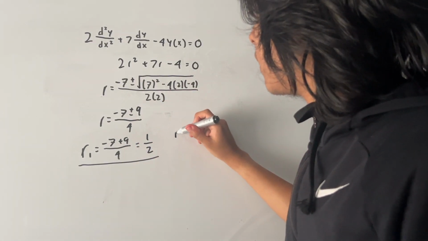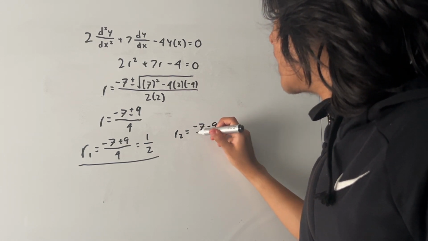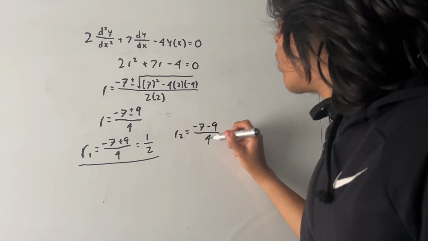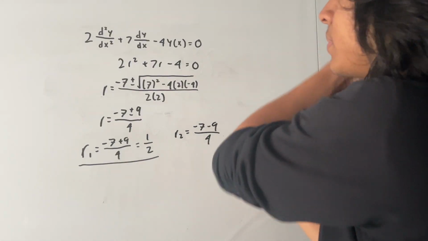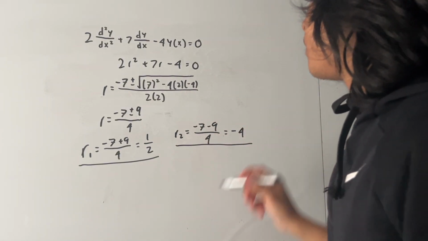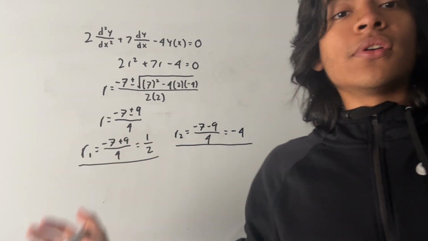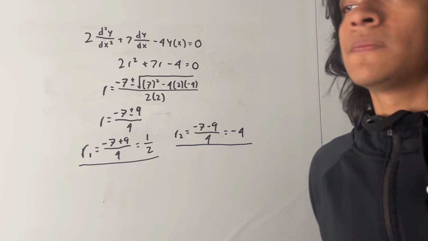So we have r2 is equal to negative 7 minus 9 over 4. We're going to get negative 16 on the top, and r2 is just going to be negative 4. So now we have our r1 and our r2 values.